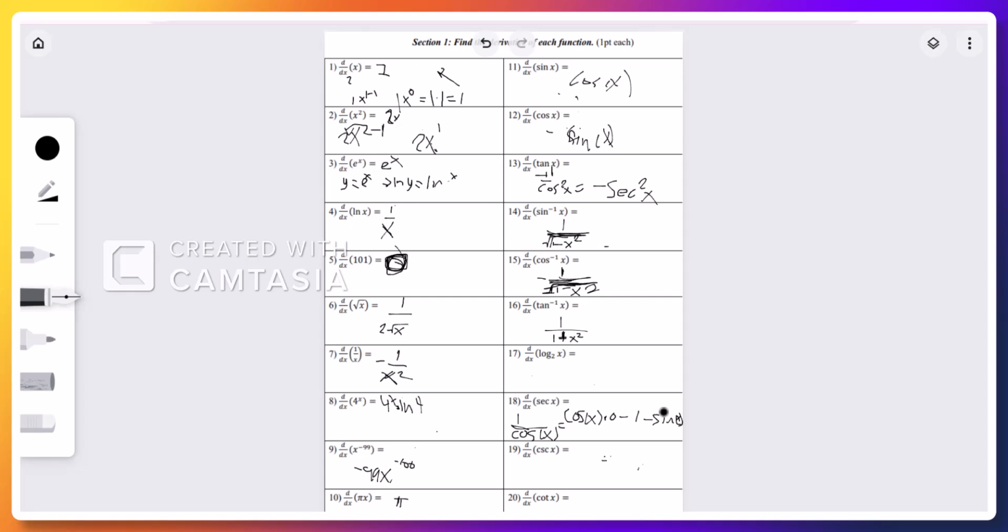So this is going to equal negative sine x. And I almost forgot, we're going to do this over cosine squared. So we have negative sine x over cosine squared.